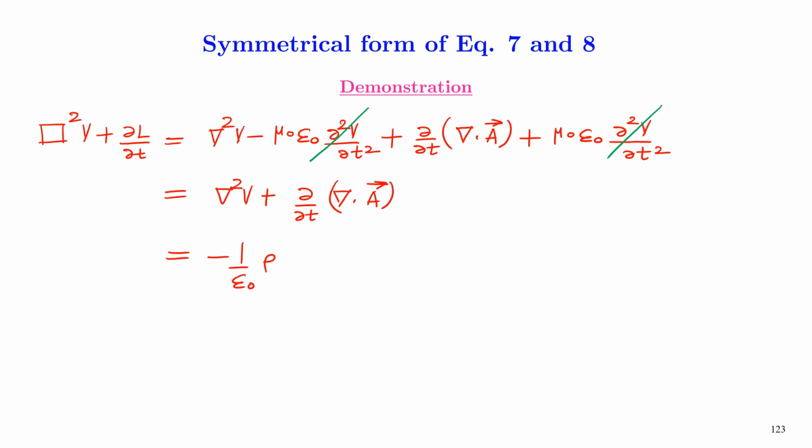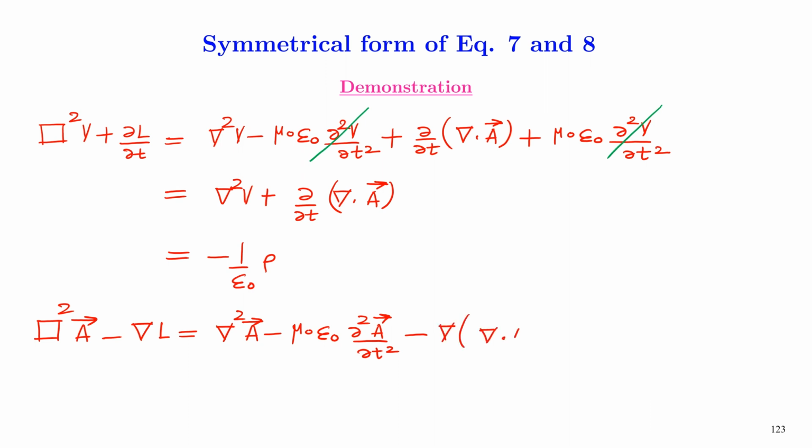The second equation is box square, that is D'Alembertian square, A minus del L. This is equal to del square A minus mu 0 epsilon 0 dou square A over dou T square minus del of del dot A plus mu 0 epsilon 0 dou V over dou T. Now from equation number 8, this will be equal to negative of mu 0 J. So we have devised a way by which we can calculate the electric field intensity and magnetic flux density from the scalar as well as the vector potentials.